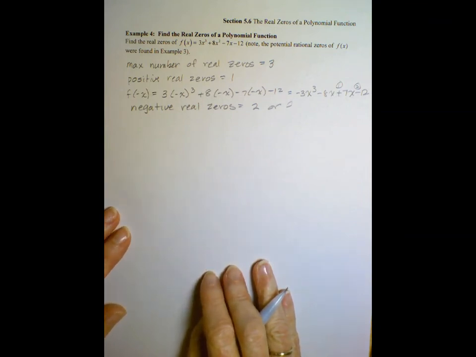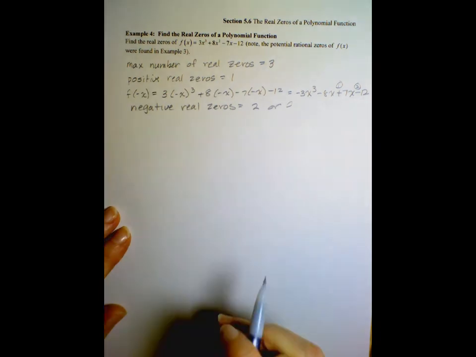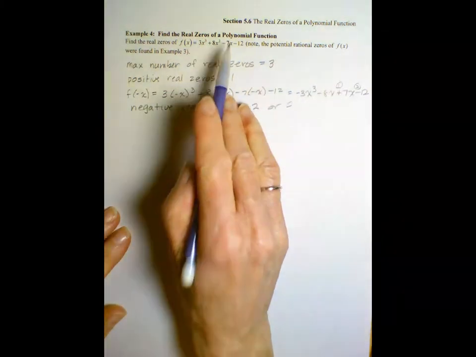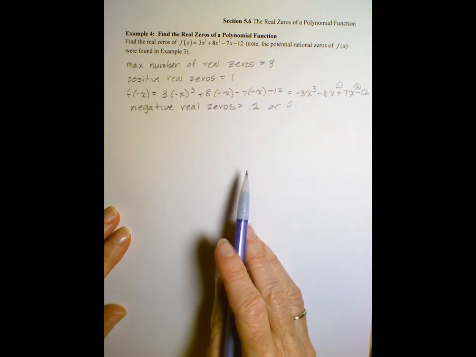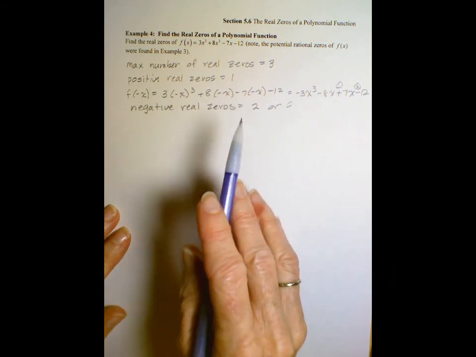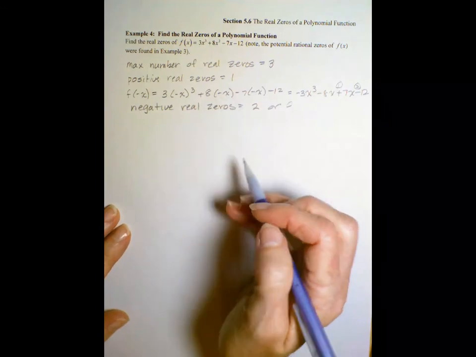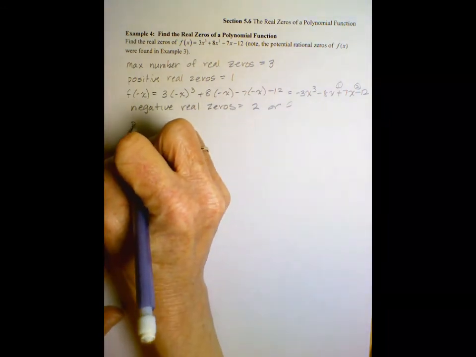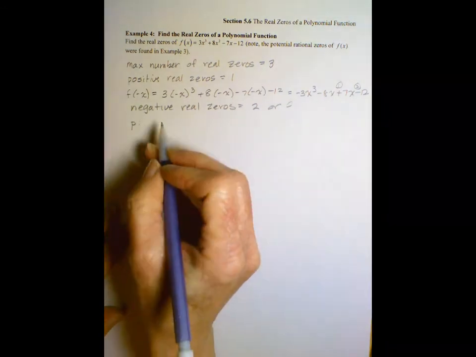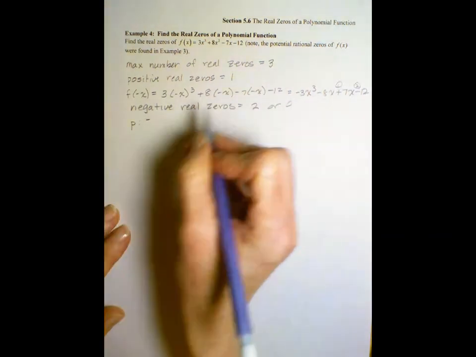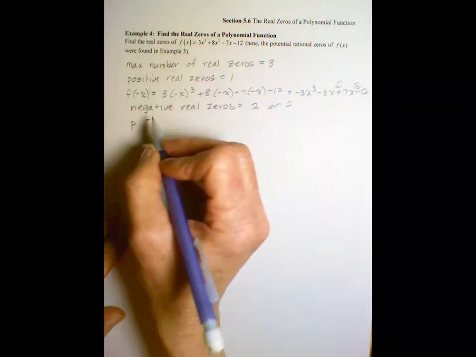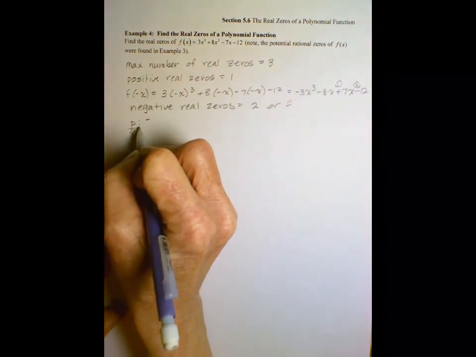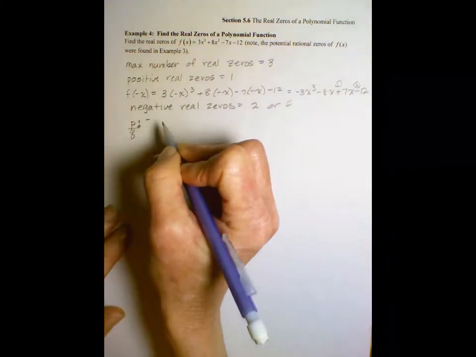Step 3 said if the polynomial has integer coefficients, yes we do, 3, 8, negative 7, negative 12, then use the rational zeros theorem to identify the rational numbers that could potentially be zeros. So I need to find all the factors of negative 12, that's p. Oh, and actually it reminds us, this was the exact function we did in example 3, so I can go ahead and do p over q because we already had that list.